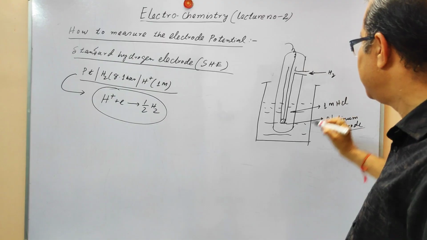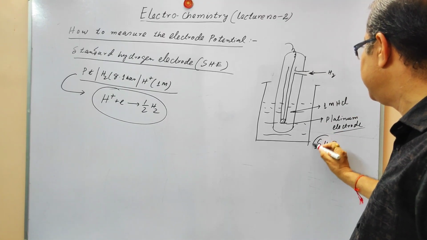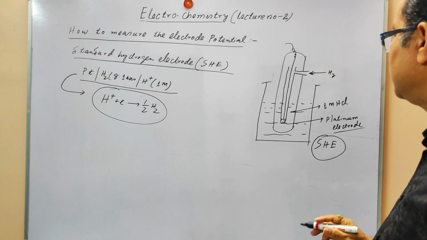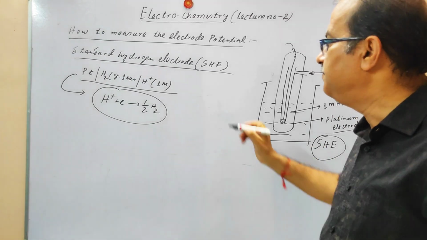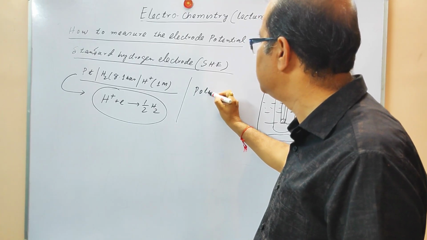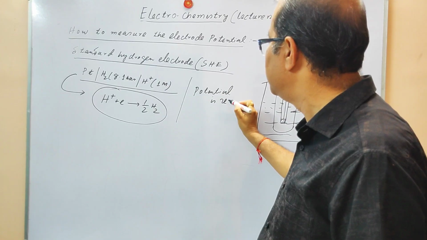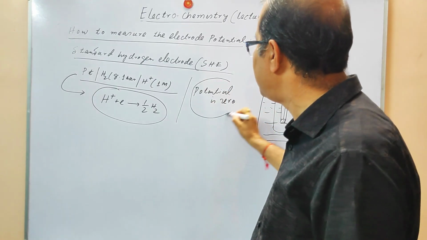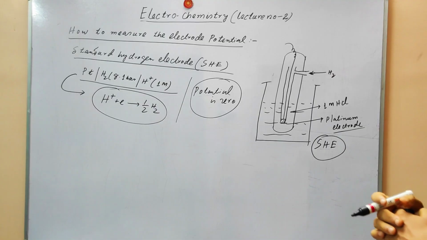So this is the SHE, the standard hydrogen electrode, and the potential of the standard hydrogen electrode is 0.